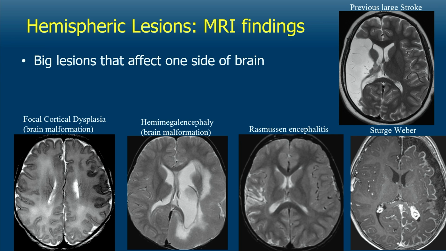This could include brain malformations, i.e. huge focal cortical dysplasia, hemimegalencephaly, which is a big brain malformation that affects one side of the brain, a previous large stroke, Rasmussen encephalitis, which is an inflammatory disorder that affects one side of the brain, and Sturge-Weber disorder, which is a congenital anomaly that affects one side of the brain.